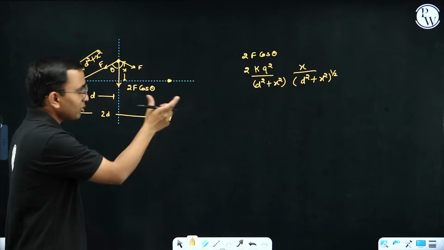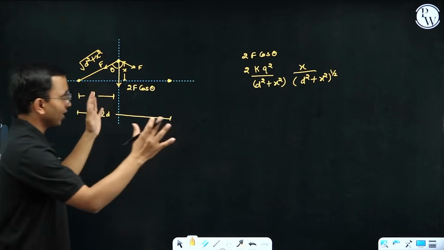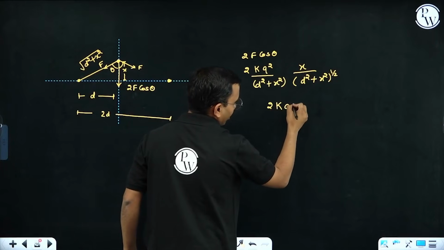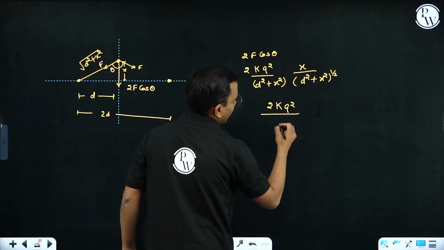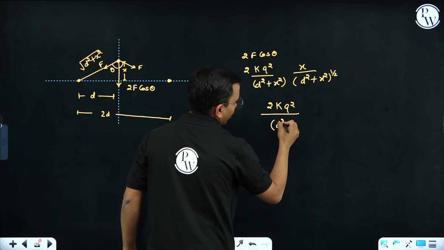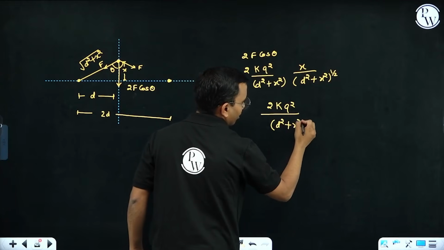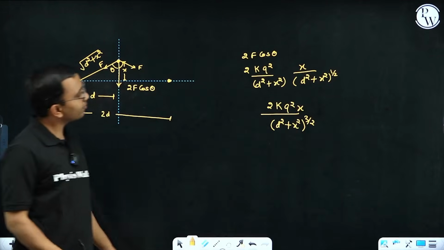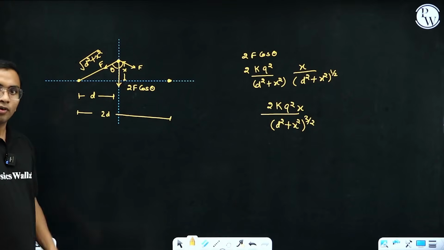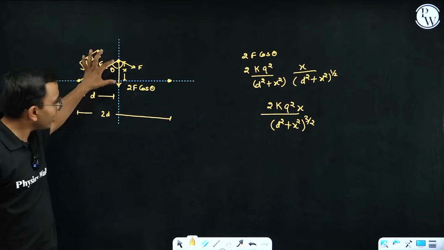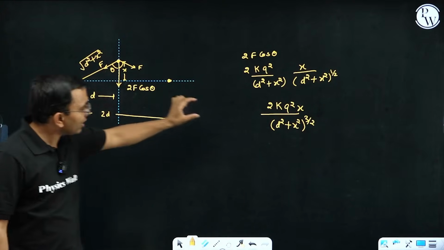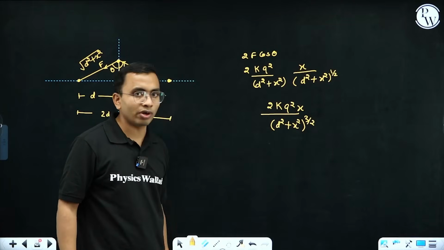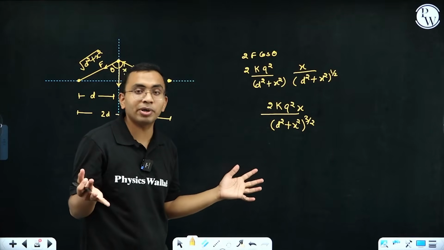So this becomes my restoring force, and if I write it, this will become 2kq square divided by d square plus x square to the power 3 by 2, and x is also there in the numerator. This is right. One thing is given here that this x is very small. If x is very small, I will neglect x square in front of d square, because d is very big compared to x.